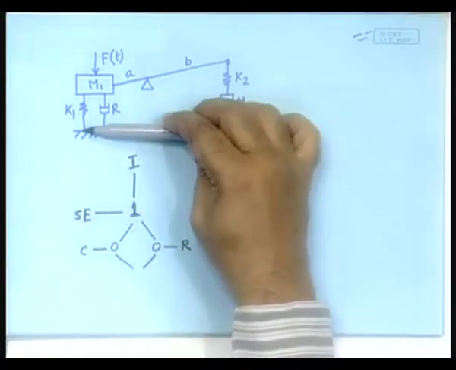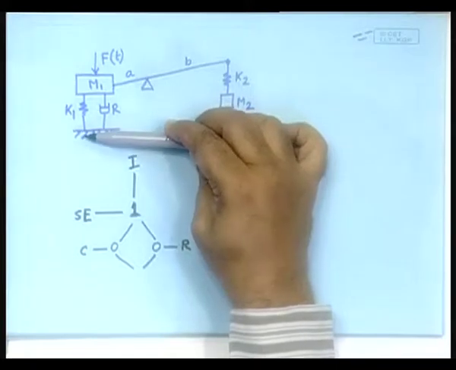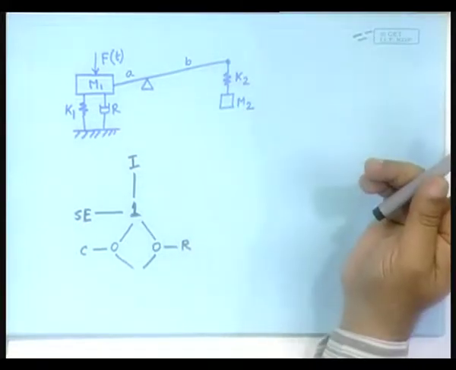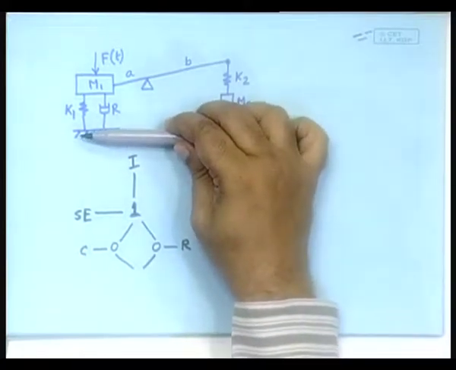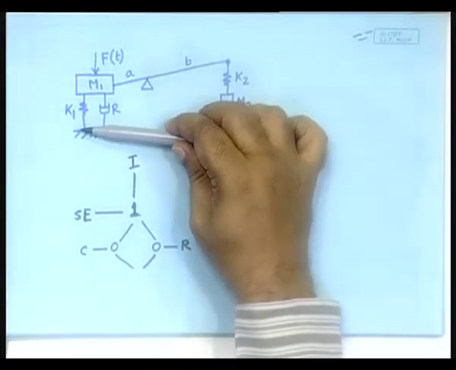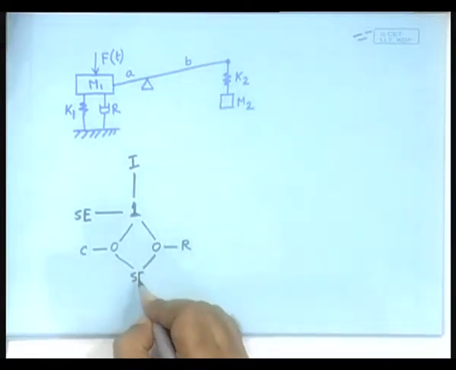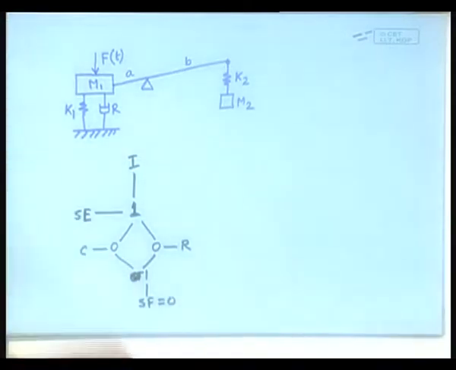These points share the same flow with what? The ground. It is also a source of flow which is 0. The ground which is not moving means that it is imposing a specific flow on this point, which can be represented as 1 SF. Now, this is equal to 0, we understand that.